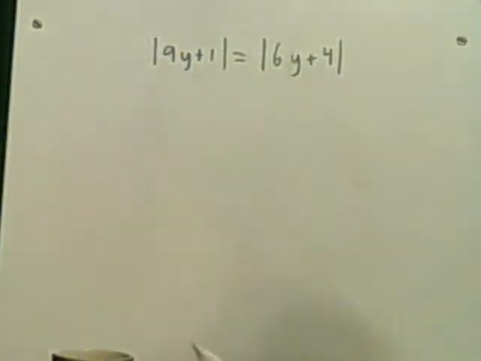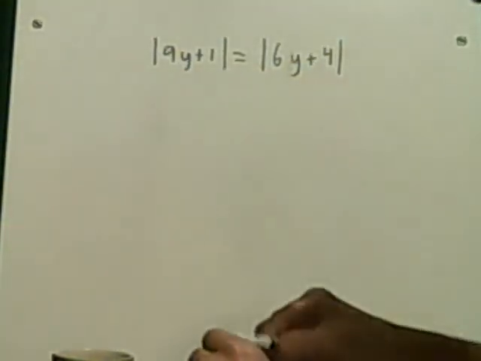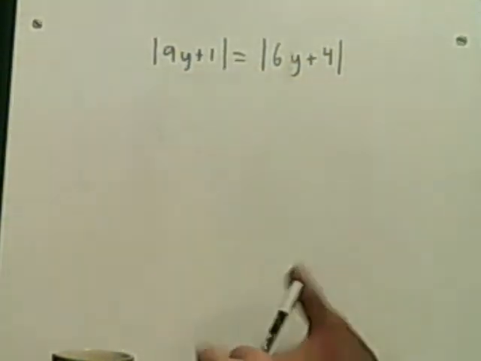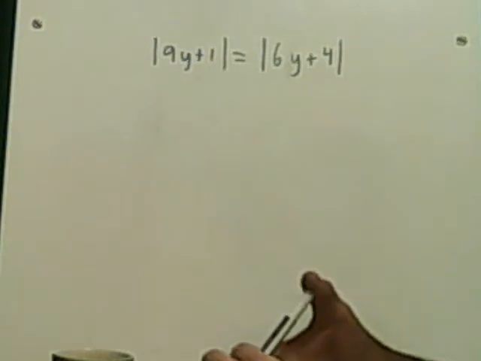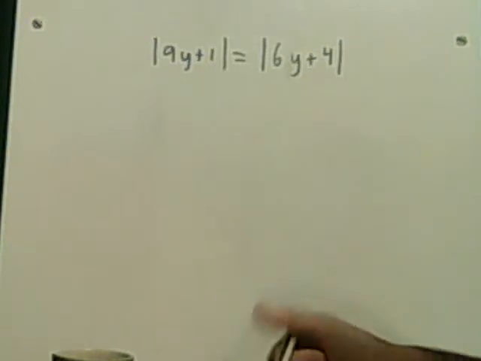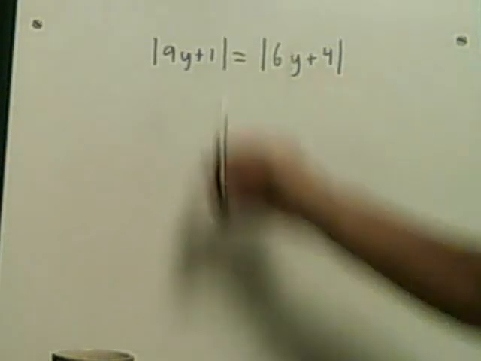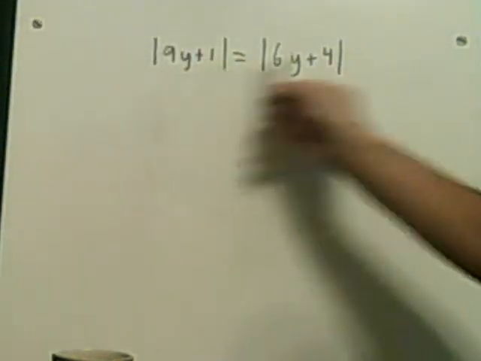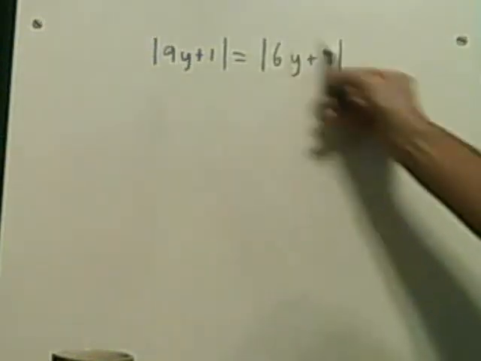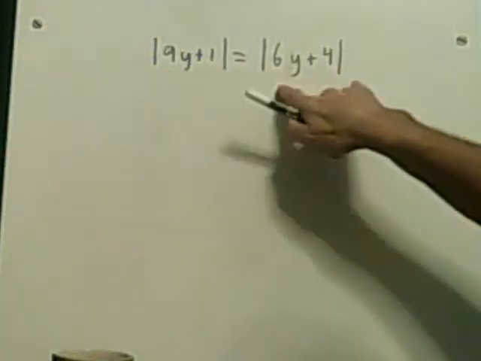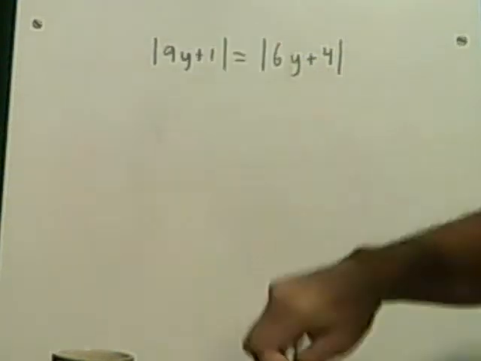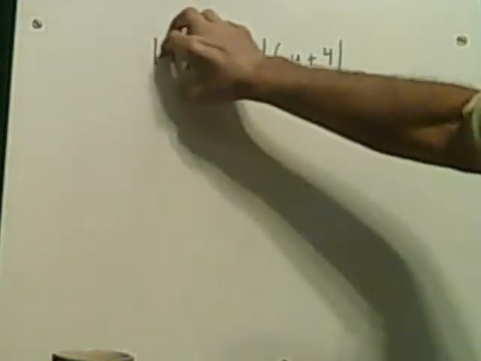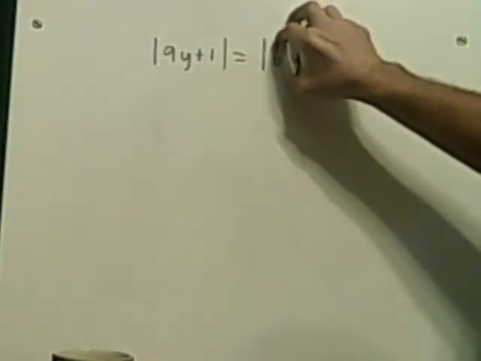But on this one, I did check the way they recommended to do it in the book, and I liked the way that they recommended. If this turns out to be a positive number, and if this turns out to be a positive number, then the absolute values are not doing anything, and the equation can be solved by just setting 9y plus 1 equal to 6y plus 4.